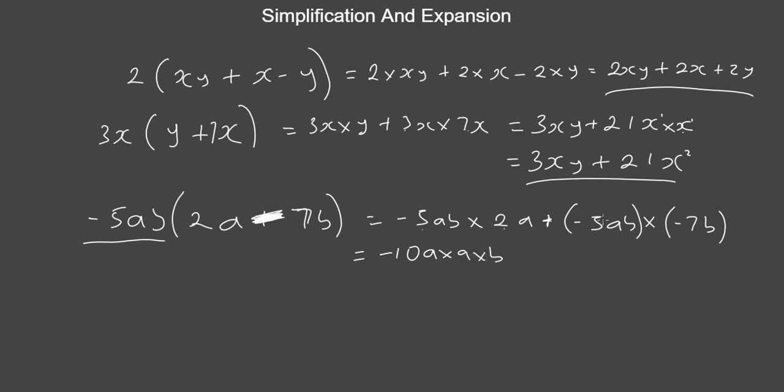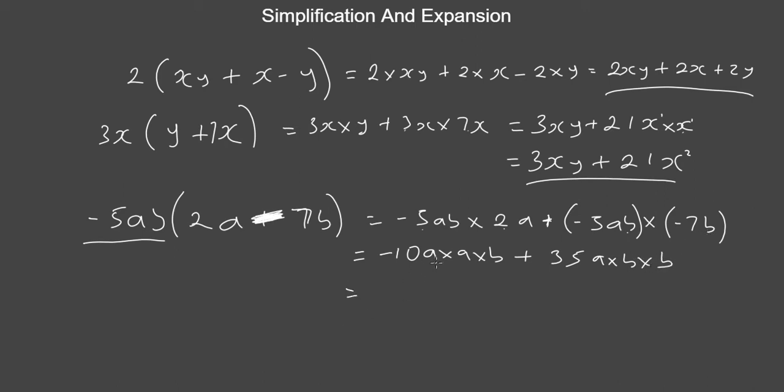So here you take this minus 5, you multiply to minus 7. And you know, in arithmetic, if you multiply two negative numbers, you get a positive number. So it becomes plus 35. Then you have a times b, which is ab, then times this b.